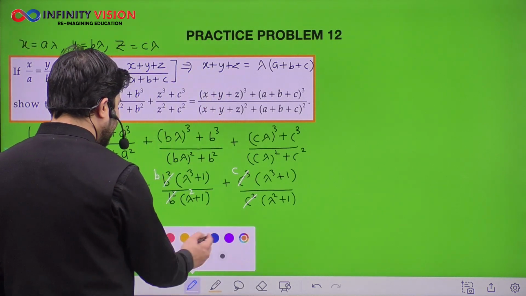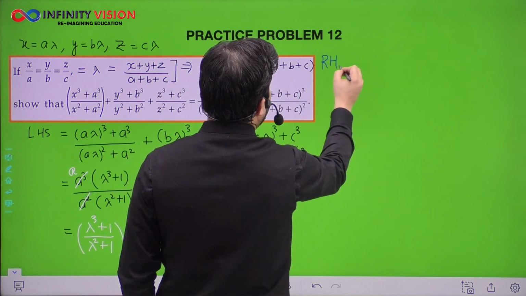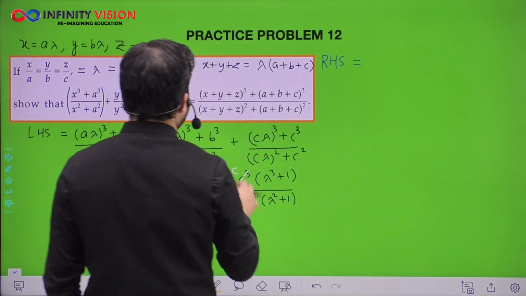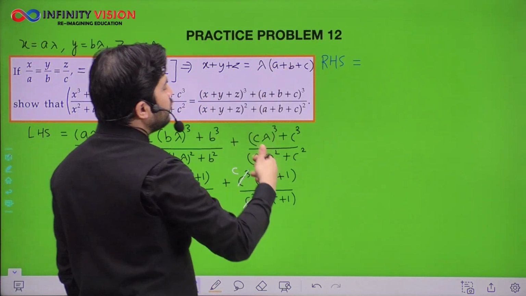Now what about the right hand side? Let's see. When you look into the right hand side, I can replace my x plus y plus z as lambda into a plus b plus c.